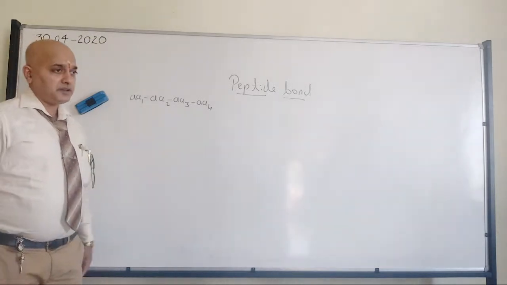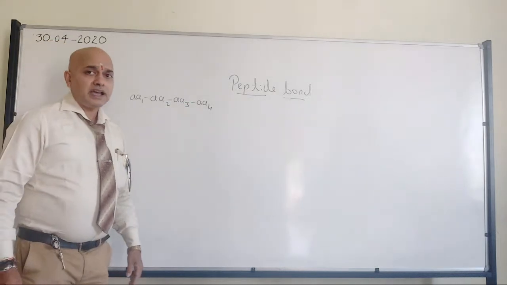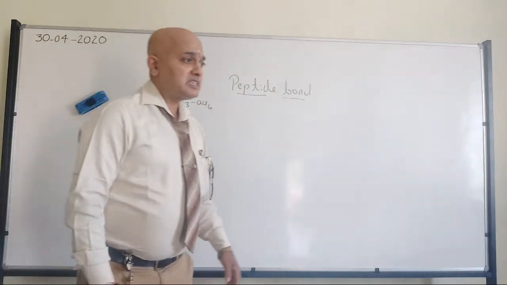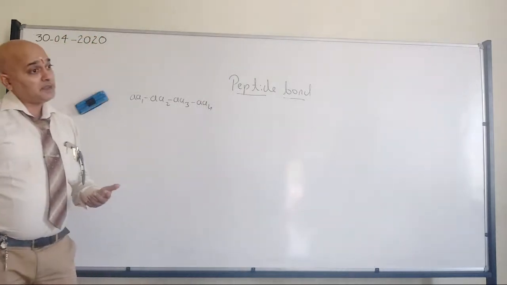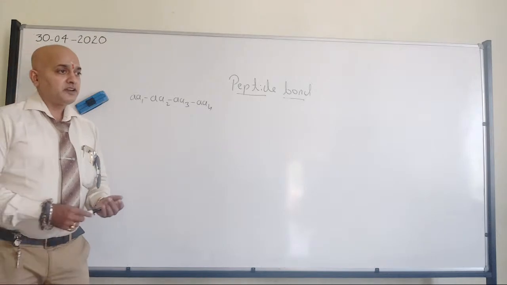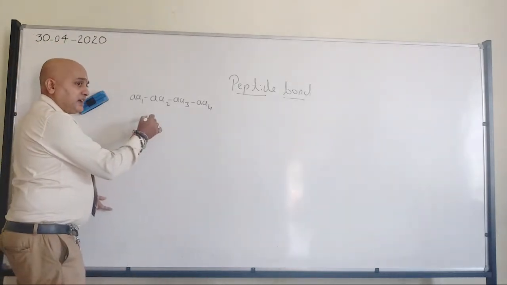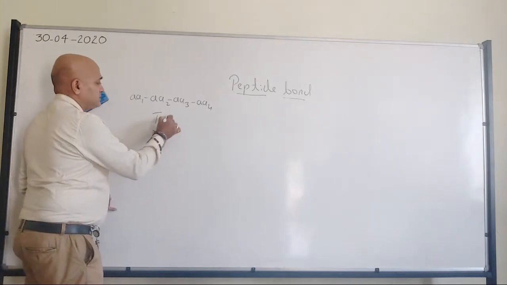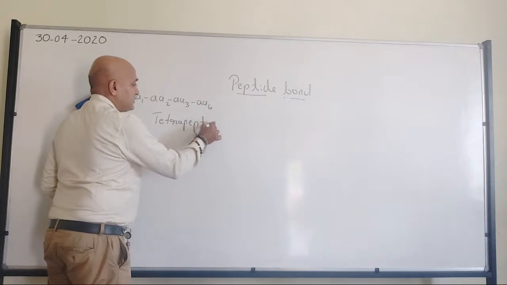Whatever I have written, it's very clear. 1, 2, 3, 4. 4 amino acids are there. So this molecule can be called as, same as that of the dipeptide I am talking about. Right? Okay. So this molecule will be called as, very good, Jannavi. Yes, this molecule will be called as tetrapeptide.